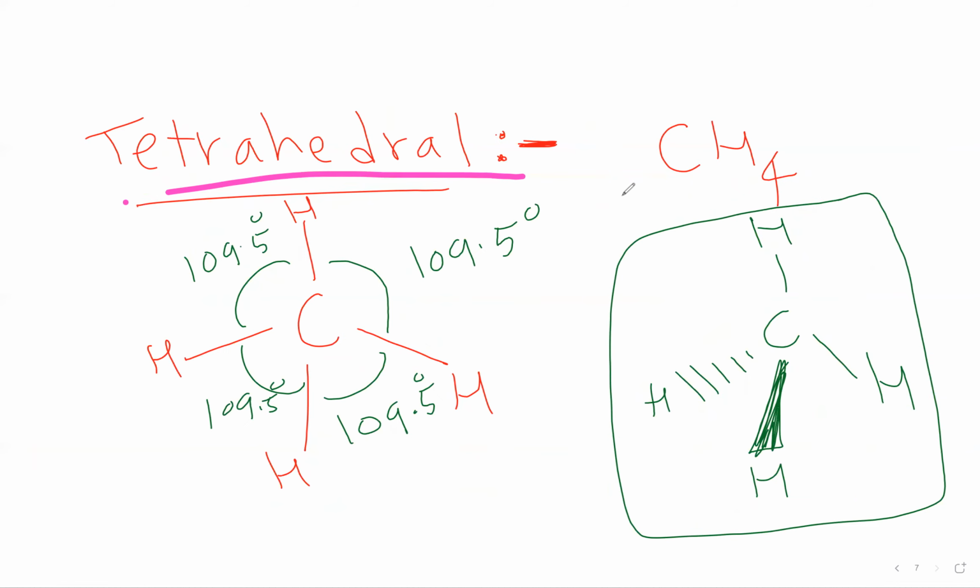Let's take a look at the tetrahedral structure. For the tetrahedral structure, we have methane gas. Carbon can form 4 bonds with hydrogens, but how can these bonds be arranged so that the atoms are not repelling each other?